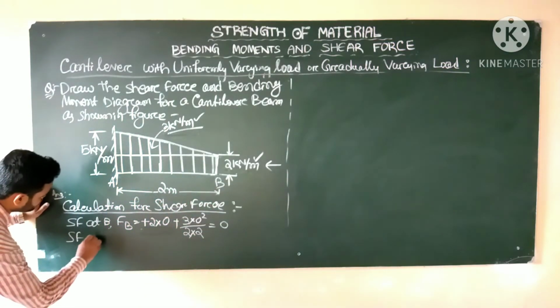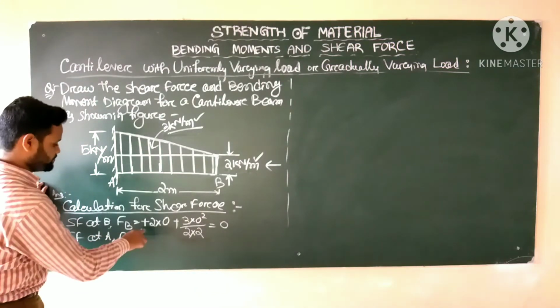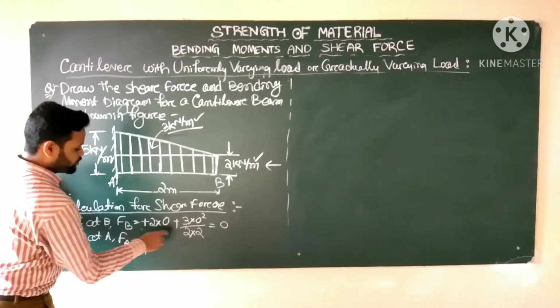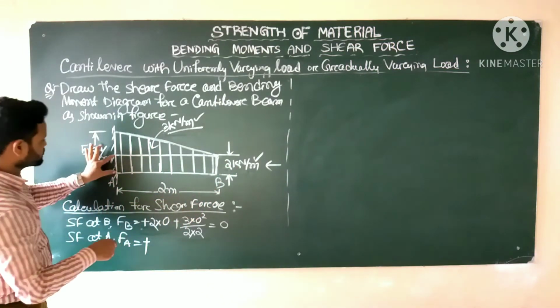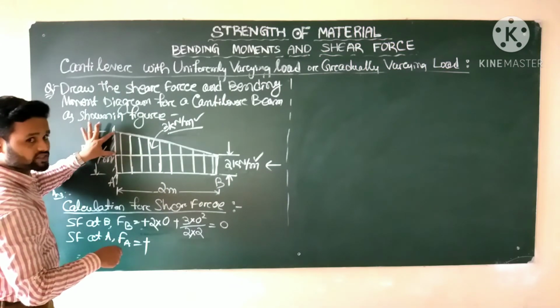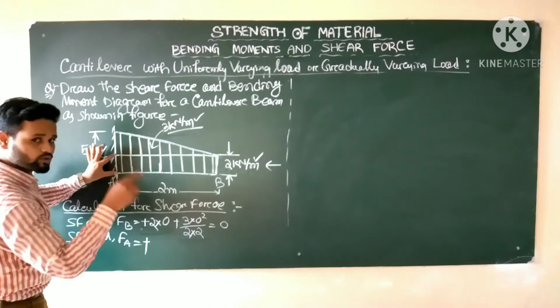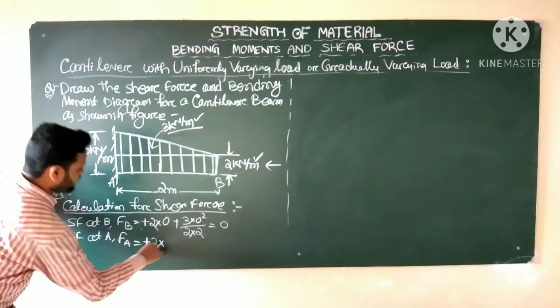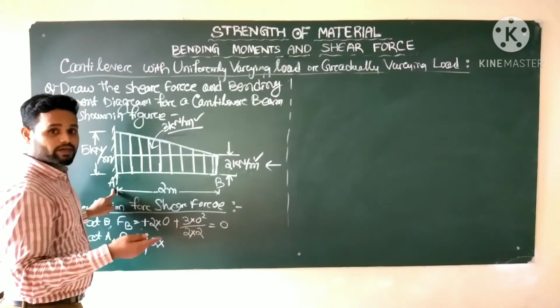So shear force FA equals plus W into x for the uniformly distributed load. Here a uniformly distributed load is there, and a uniformly varying load is also there. For the uniformly distributed load, plus W into x, W is 2, and as I told you, at point A the x value is 2 meters.